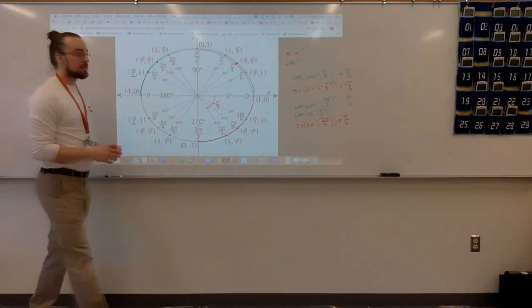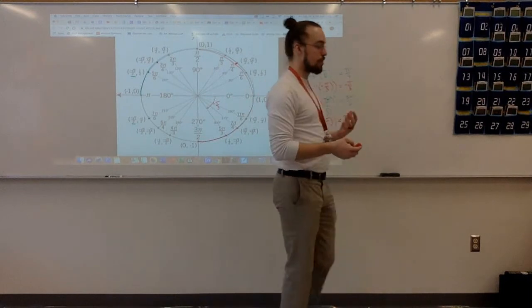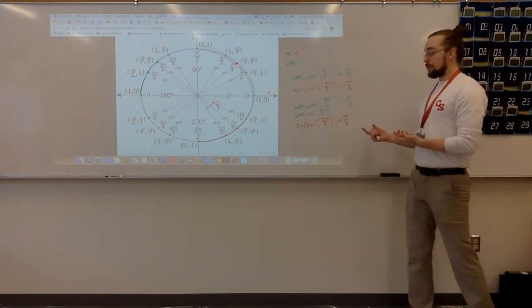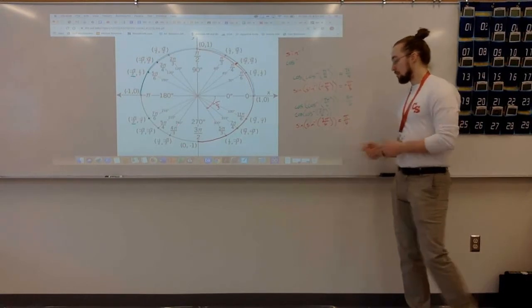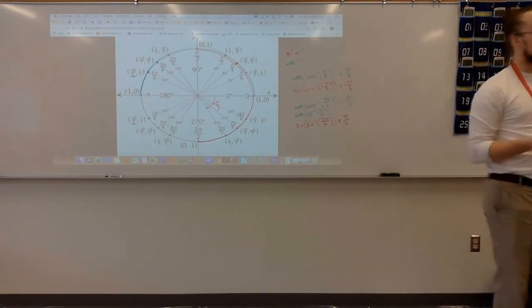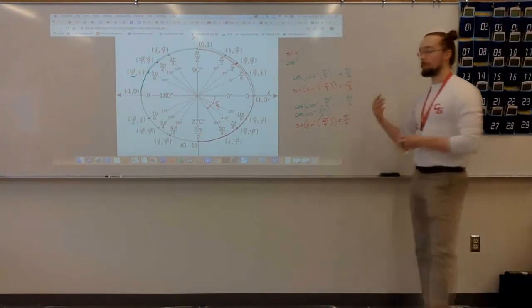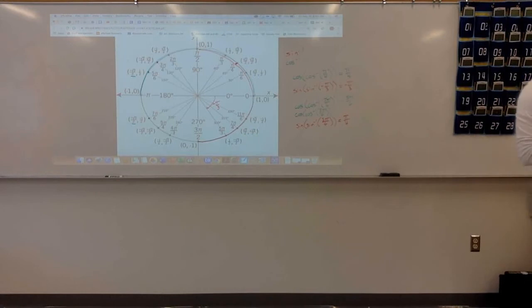So sine and inverse sine, cosine and inverse cosine. Also tangent, we could do the same thing for tangent. Tangent and inverse tangent cancel each other out. We just need to make sure that we're looking at an angle that is within that range. Okay. Questions so far?